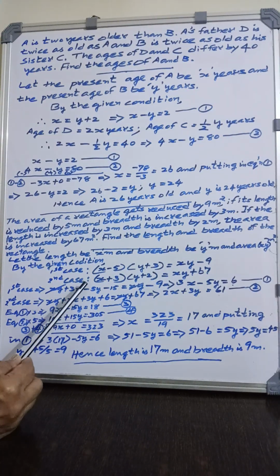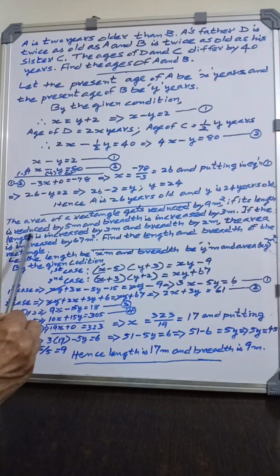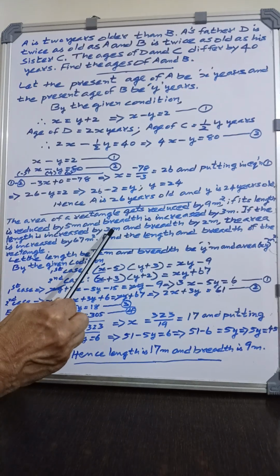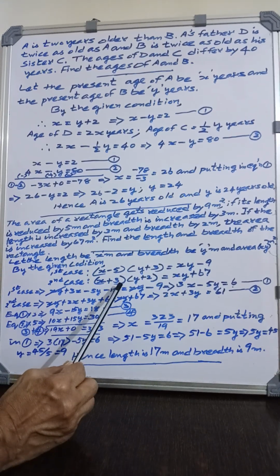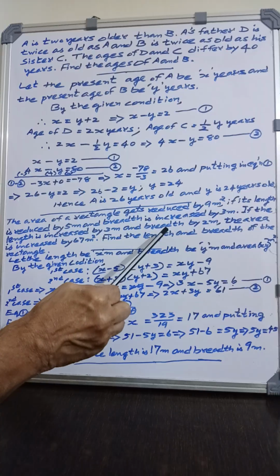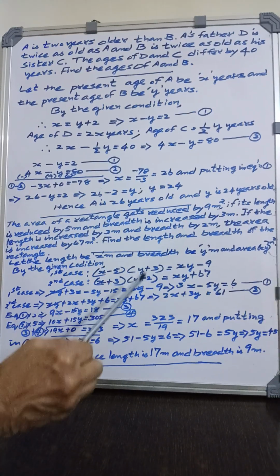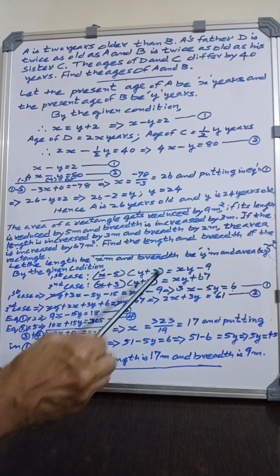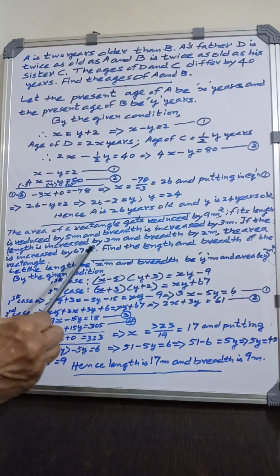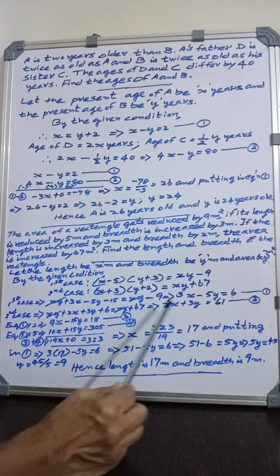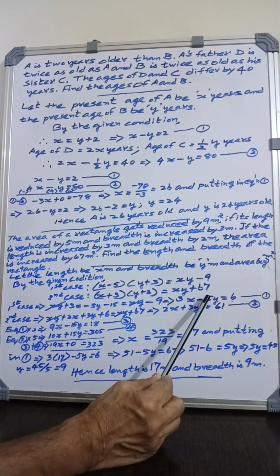The second case: if the length is increased by 3 meters, x plus 3, and breadth by 2 meters, y plus 2, the area is increased by 67 meters squared, xy plus 67.